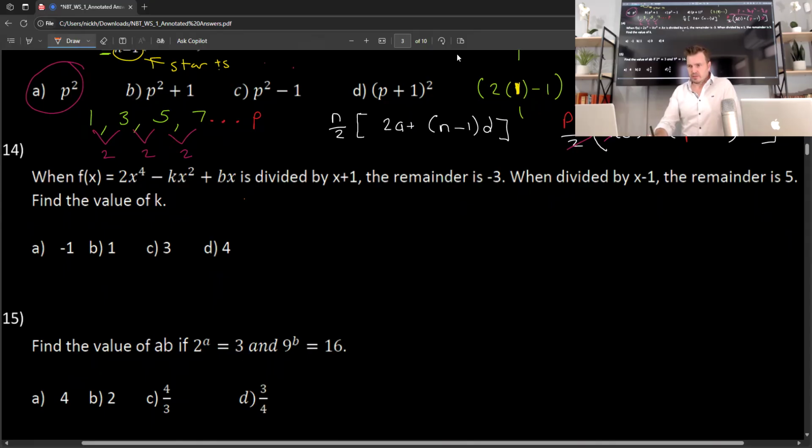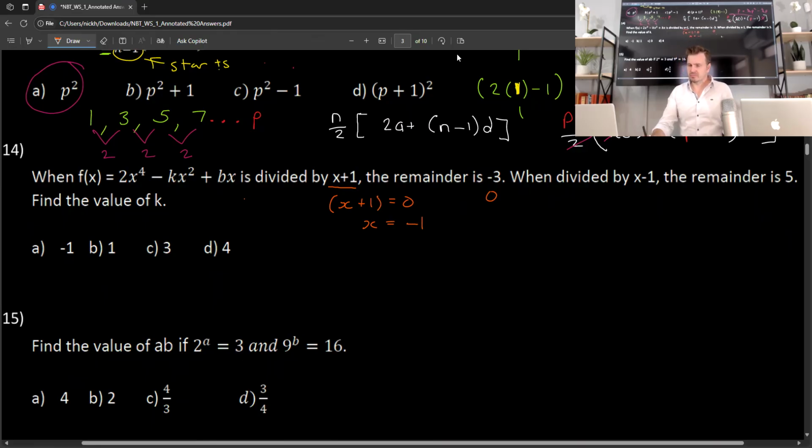All right, so when you say that this is divided by x plus 1, what it means is that if the remainder was 0, then it would be a factor. So remember when we put in factors, if you say x plus 1 equals 0, you end up getting an answer of minus 1.